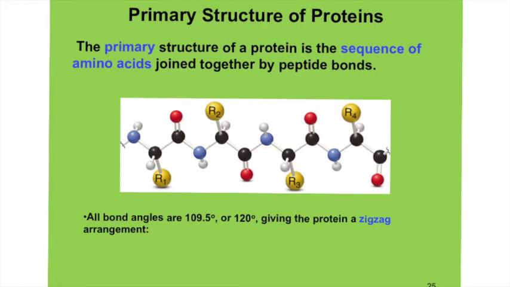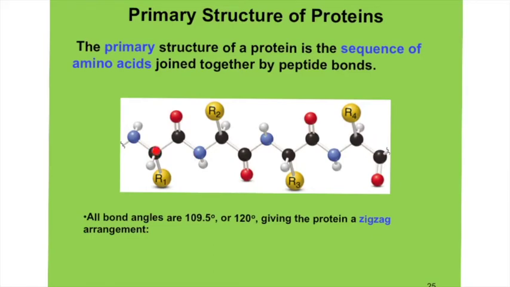Okay, so like I said, the primary structure of the protein is a sequence of amino acids joined together through peptide bonds. All the bond angles are 109.5. So your carbons, this is nitrogen, this is the carbon, that's the C alpha carbon, and this is the C double bonded O, that's part of the carboxylate end of the amino acid.